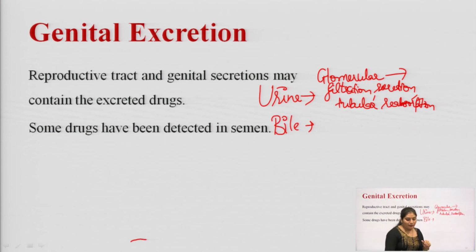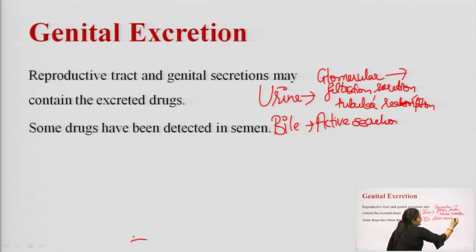So, in case of bile, the active secretion mechanism is involved. Okay. So, in active secretion, some hydrophilic compounds or the unchanged drug or their metabolites that are having the molecular weight more than 500 Dalton, that can be excreted out.